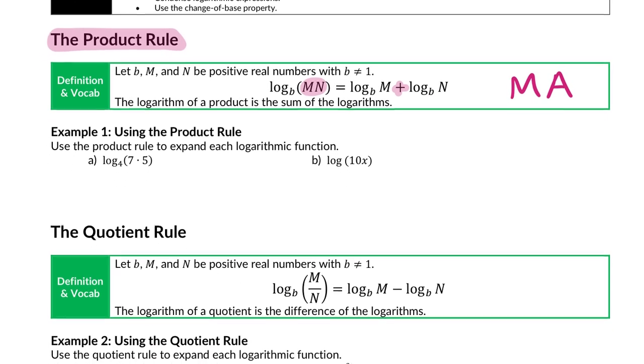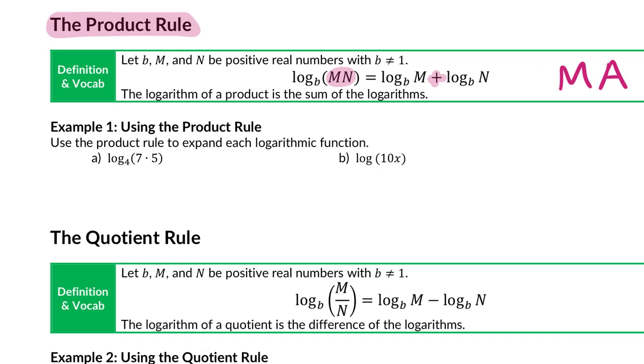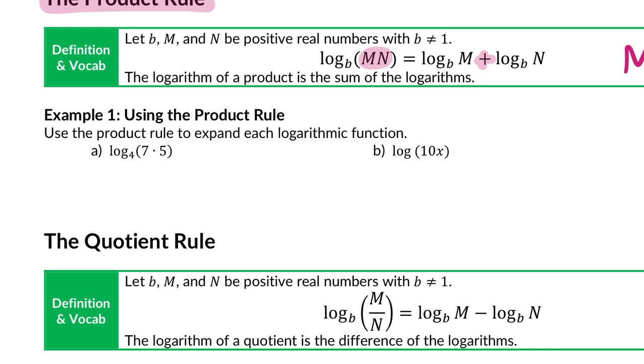So if we see this in real time, it says use the product rule to expand each logarithmic function. So I have log base 4 of 7 times 5. So I can separate that into two separate logarithms. Log base 4 of 7 plus log base 4 of 5. So we can expand, that's the word you're going to be seeing.